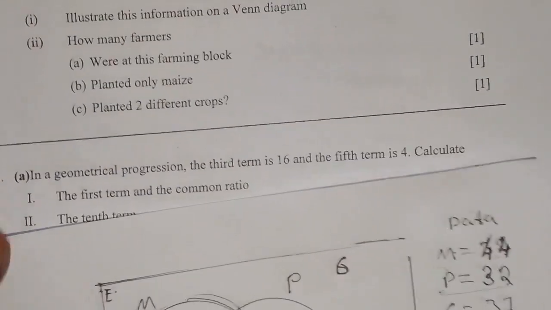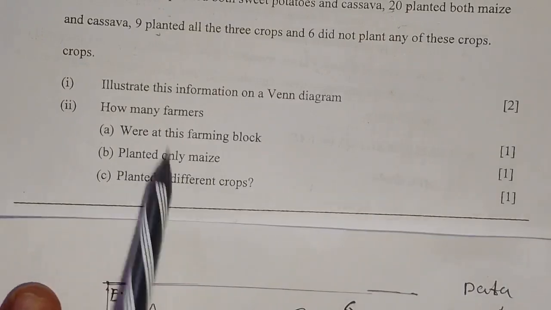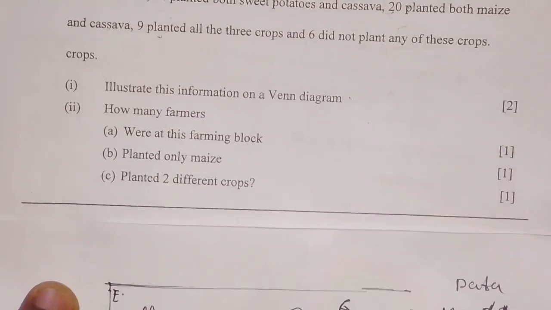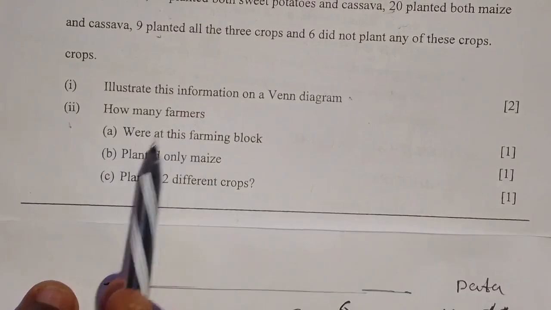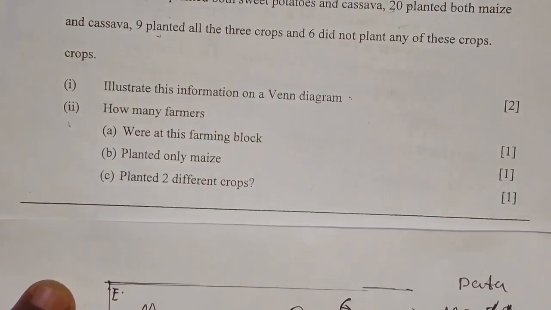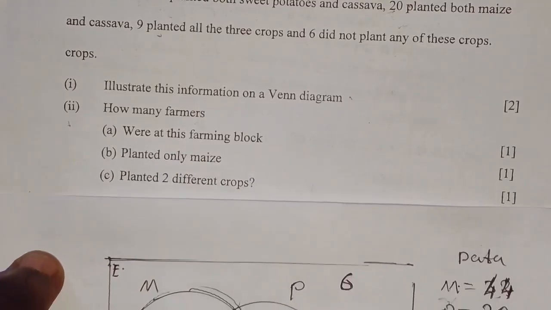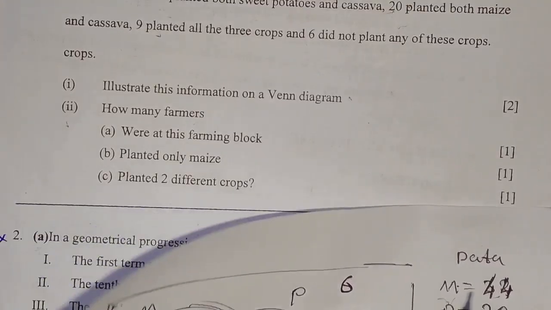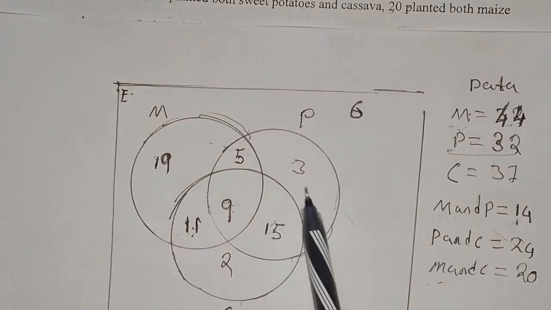Okay, so let's now proceed to another question, which says this one. We have answered this question. Here we have proceeded. How many farmers were at this farming block? For you to find the farmers who were at this farming block, you just have to add everything in this.